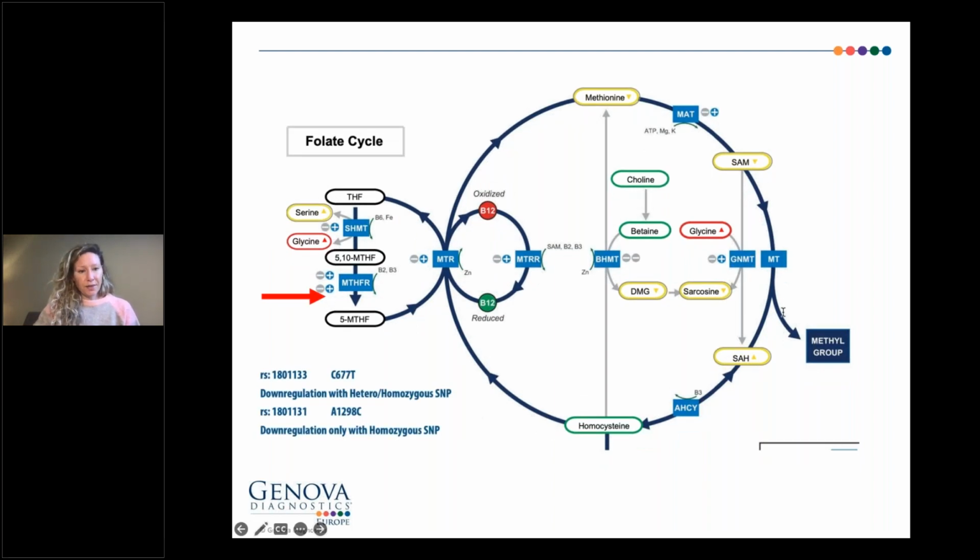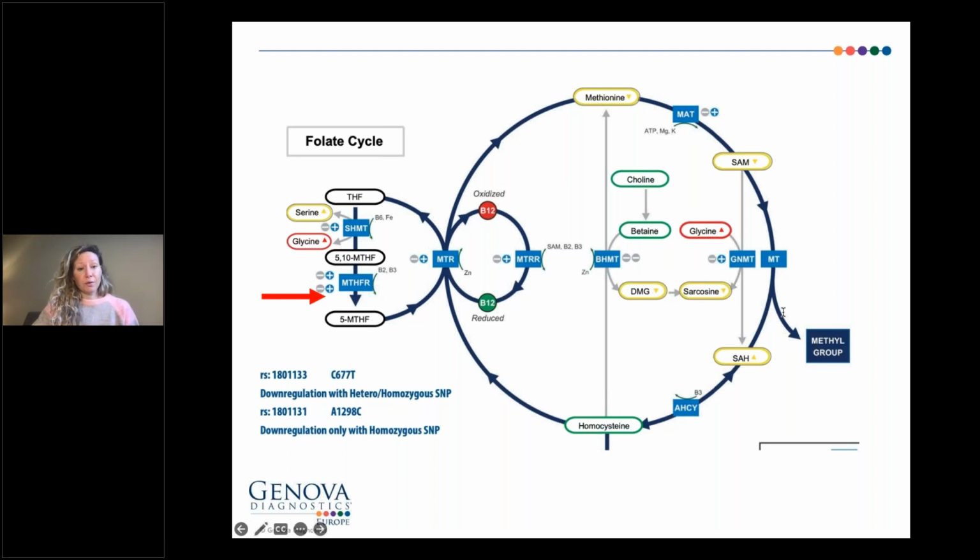In addition to the SHMT enzyme, as you can see, she also has two heterozygous SNPs on the MTHFR gene. Genova's panel detects the presence of both the C677T and the A1298C polymorphisms on MTHFR. In this patient, she has a heterozygous SNP on each one, both triggering a downregulating impact on the activity of the enzyme.